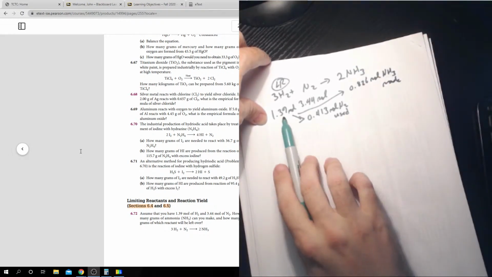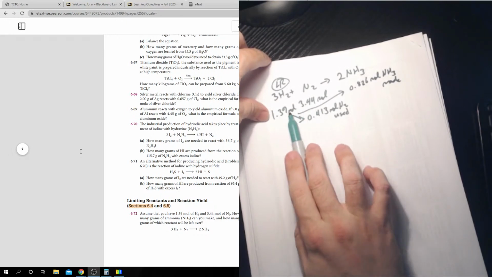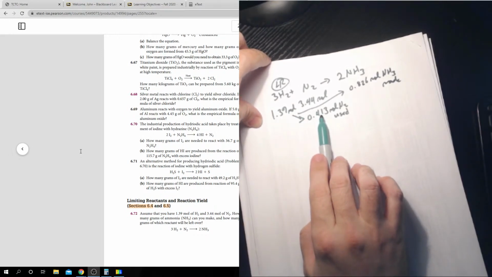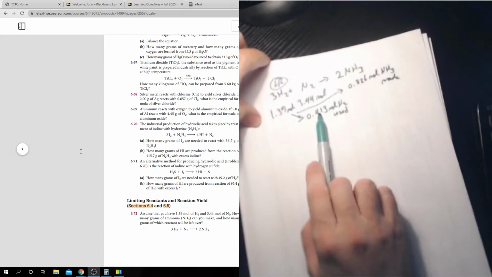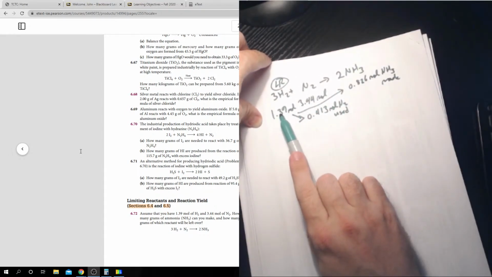Okay, so we're going to use up one third this much in terms of nitrogen. I just multiply by 1 divided by 3 to get that. Then I multiply by 2 divided by 3 to get that.